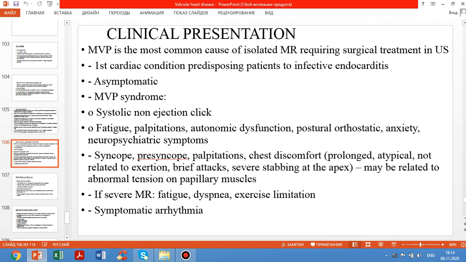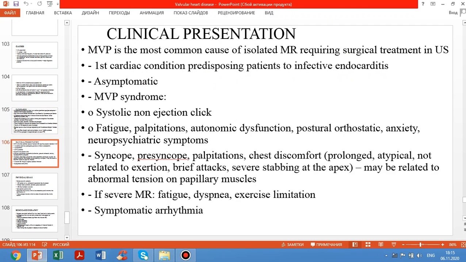Can be asymptomatic. In mitral valve prolapse syndrome: systolic non-ejection click, fatigue, palpitation, autonomic dysfunction, postural orthostatic symptoms, anxiety, neuropsychiatric symptoms.